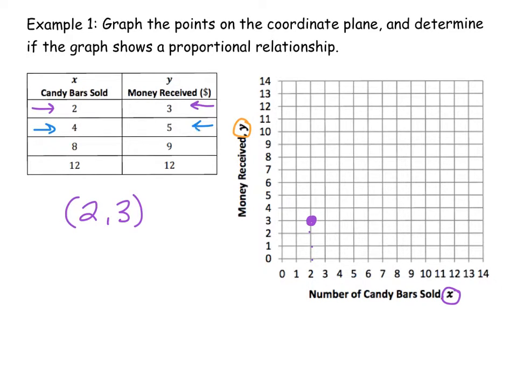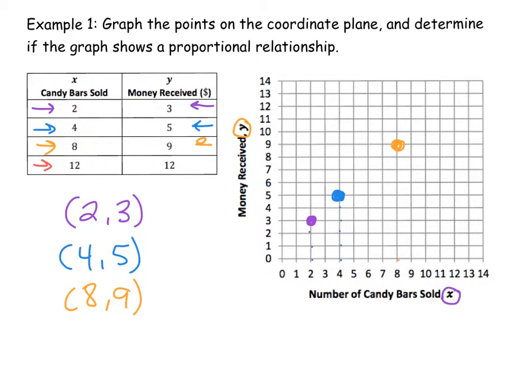Our next point could be thought of as 4, 5. I go over 4 and up 5, and I put a point there. Next, we have the point 8, 9. So I go over 8 and up 9.